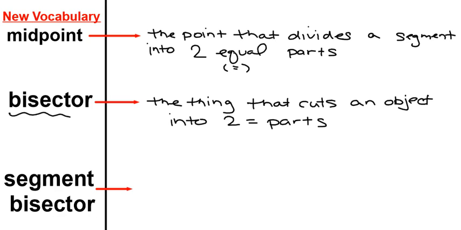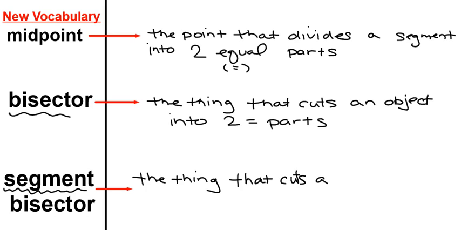The last term that we have here is segment bisector, and that is specifically talking about segments. A segment bisector is the thing that cuts a segment into two equal parts.